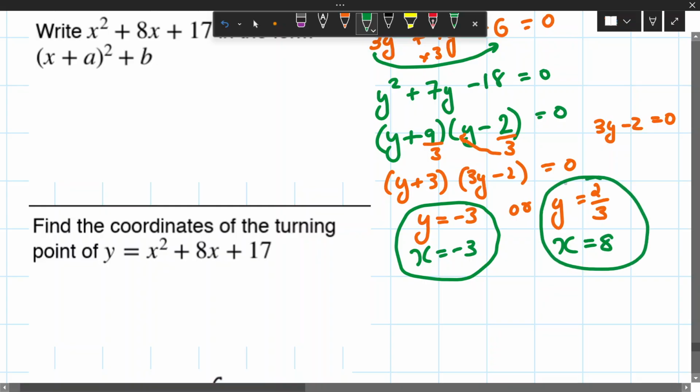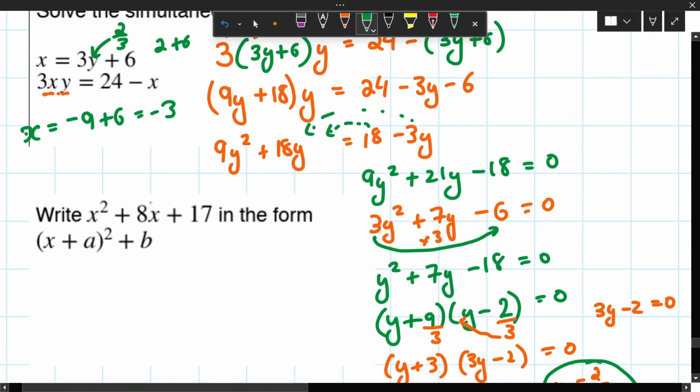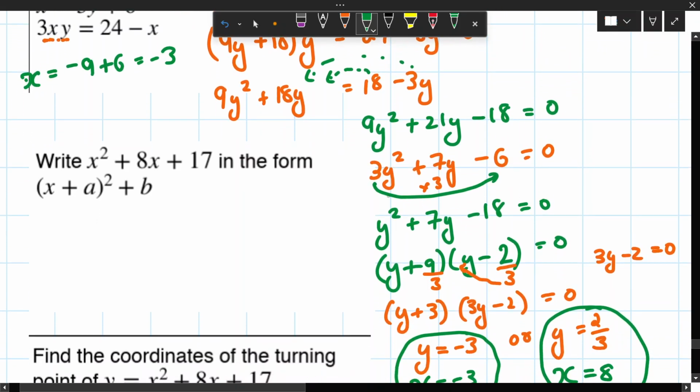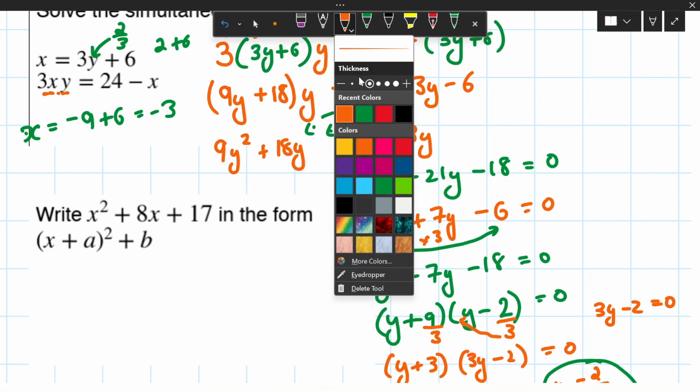That is our second pair of solutions. So that's how we do this simultaneous equation. The first step was plugging in x, making a quadratic, solving that quadratic, figuring out what is y, and then finally bringing back the y to figure out what is x. Nice little question there.